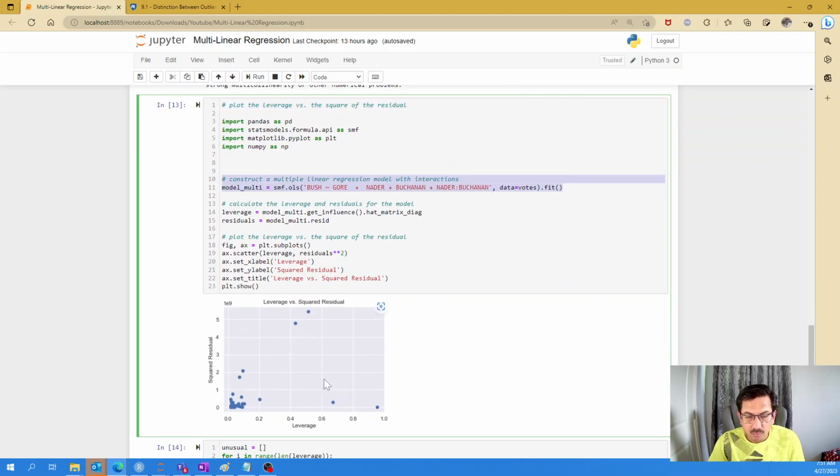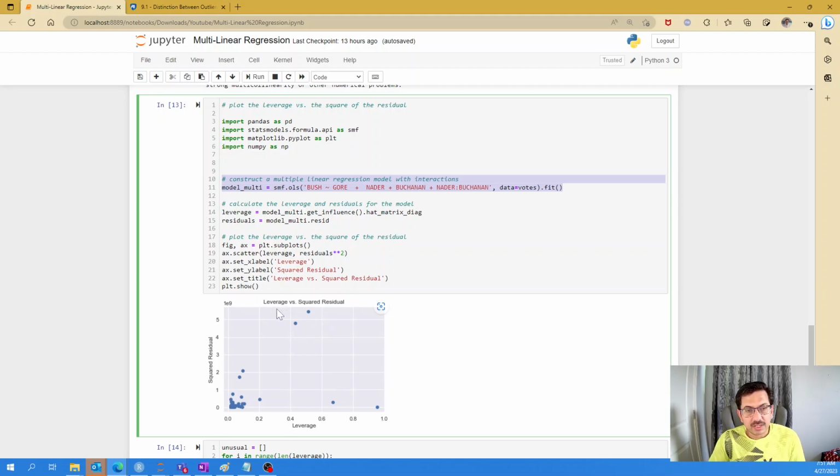Let's check what is the reason behind this drop. We saw that when we put this leverage versus squared residual graph, there are some points which have a little bit high leverage and high squared residuals also. So these points are impacting points.